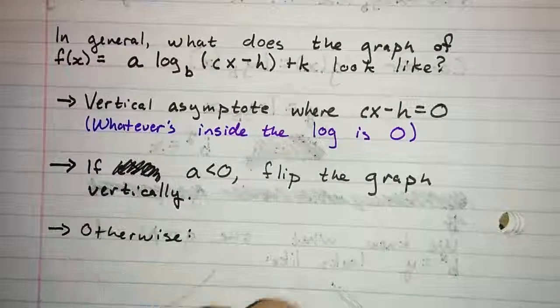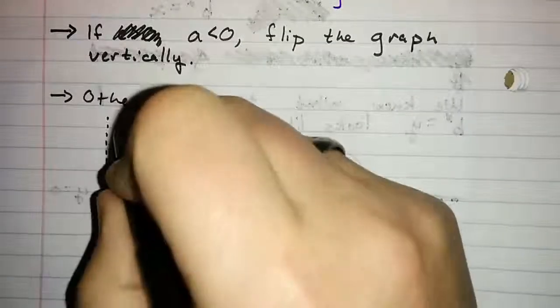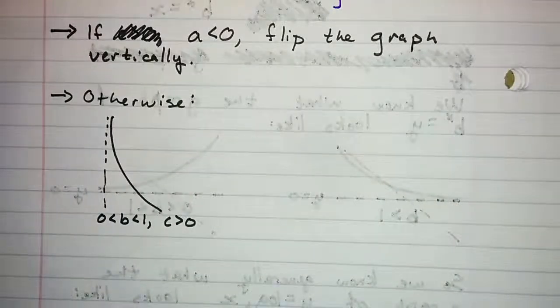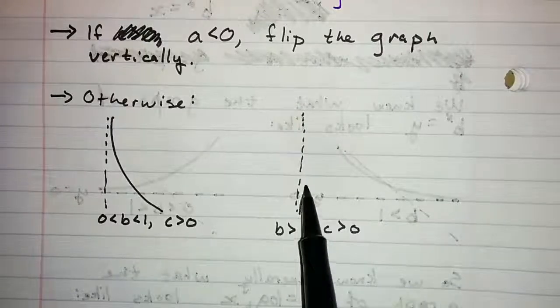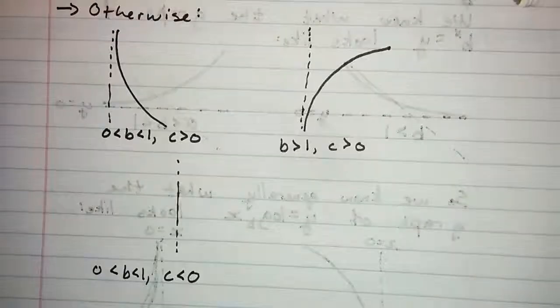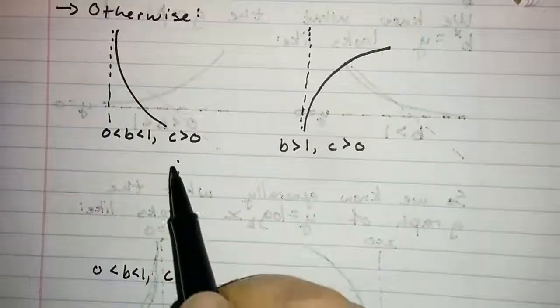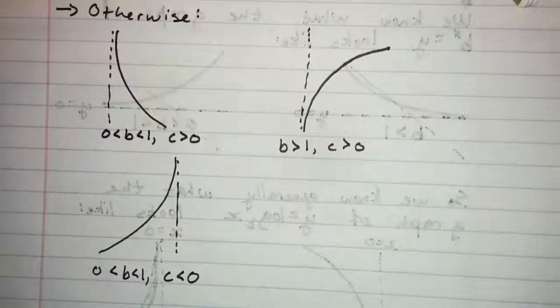Otherwise, we have 4 possibilities. If b is between 0 and 1 and c is a positive number, our graph looks like this. If b is more than 1 and c is a positive number, our graph looks like this. If b is between 0 and 1 and c is a negative number, then our graph lives on the other side of the asymptote and looks like this.